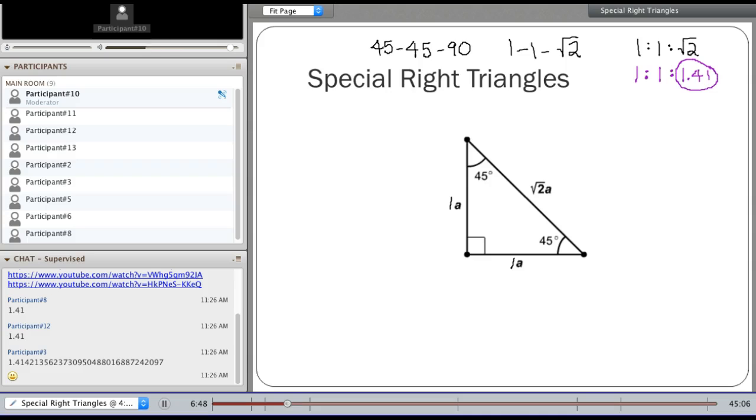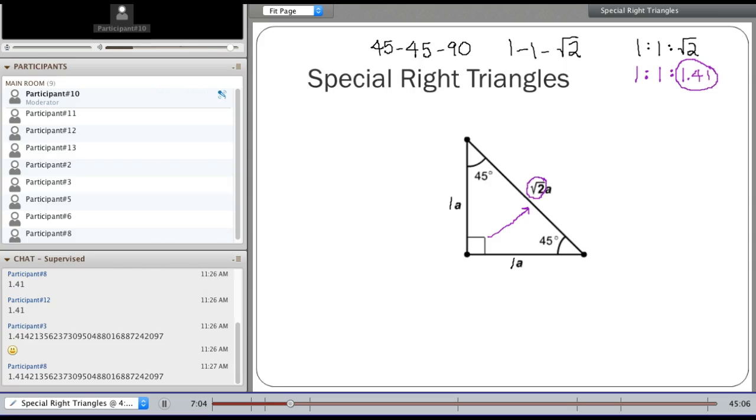He was talking about that in the video too, and that will really be a good guide for you on these special right triangles. So since the hypotenuse, which is the side across from the right angle, is always your longest side, the square root of 2 has to go over there on the hypotenuse because it's your longest ratio, your largest ratio.